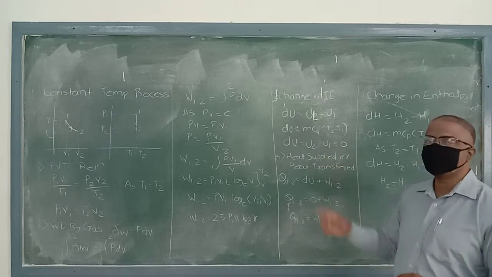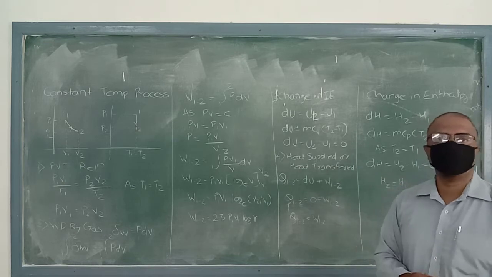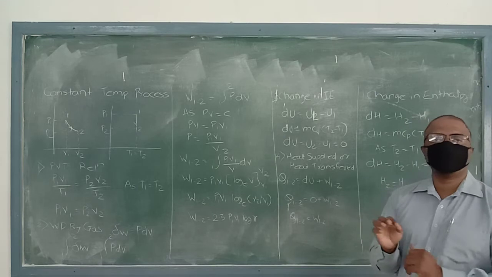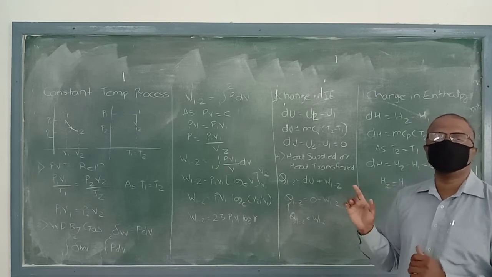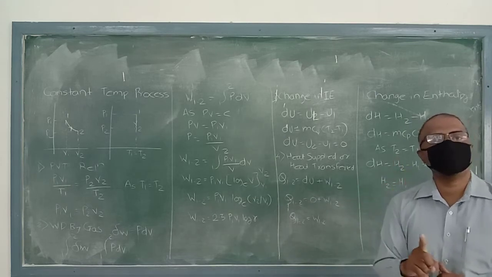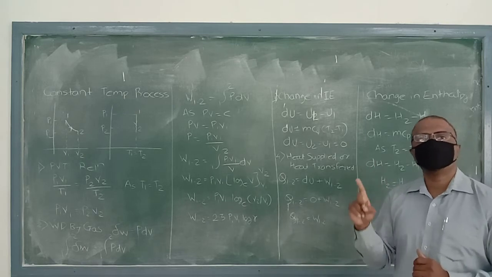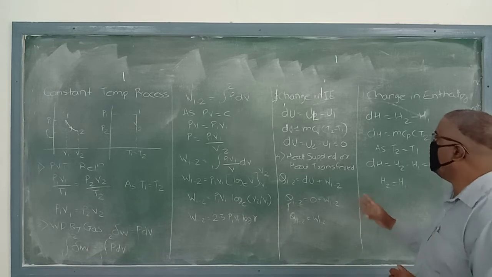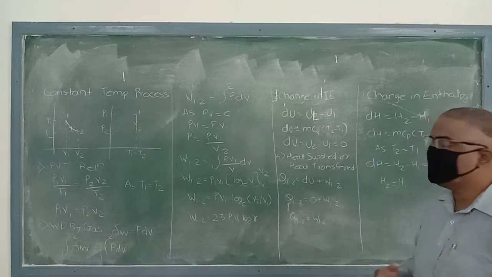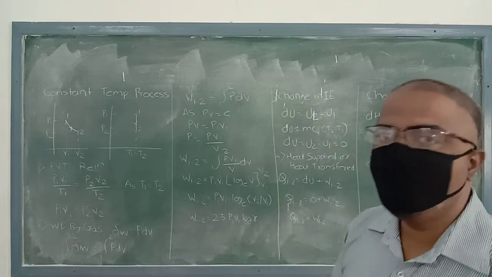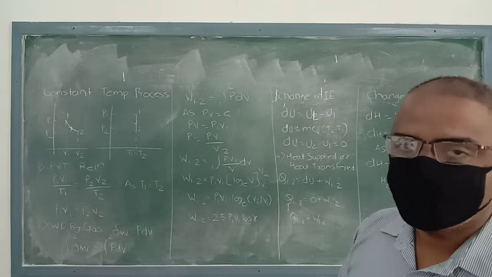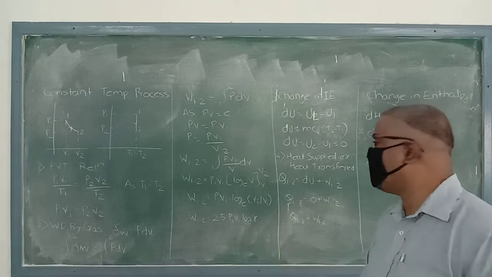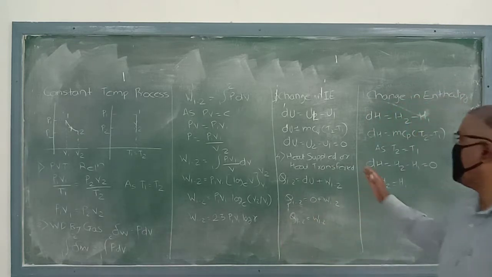So U2 is equal to U1. The change in internal energy here we are finding is 0, so the internal energy at state 1 is equal to internal energy at state 2. Now we have to find the heat supplied or heat transferred.